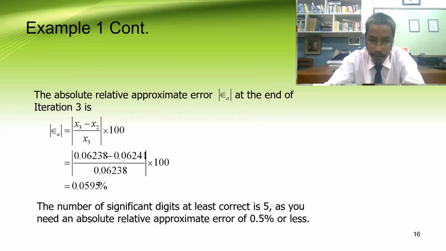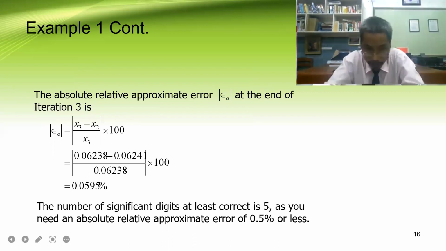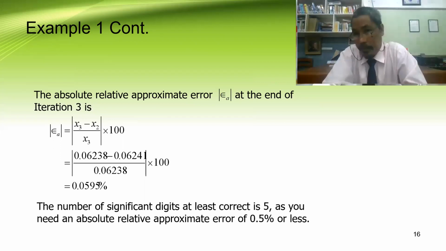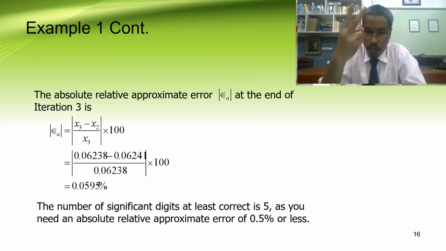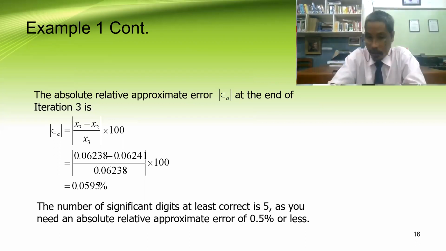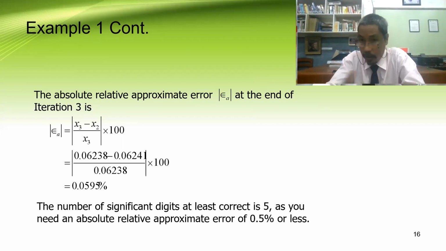Okay, the number of significant digits at least correct is 5. As you need an absolute relative approximate error of 0.5. Okay, so this is not correct, no? 0.5, therefore, the significant digits correct is 2, not 5. Please correct this. Please take note.